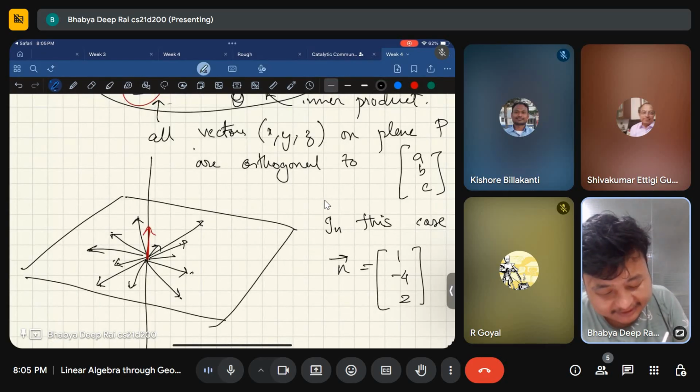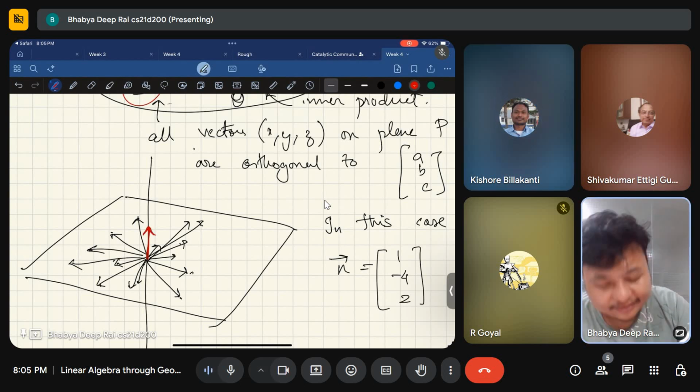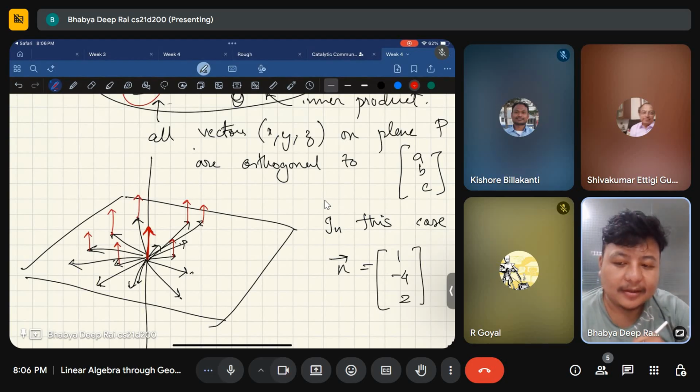There are so many vectors that lie on this plane, no? And the red one is the normal because it is perpendicular to all the vectors that lie on the plane. Is it not? Right, you get it. Okay.